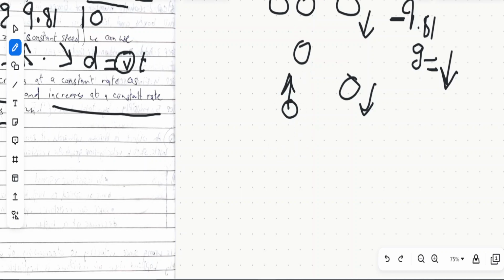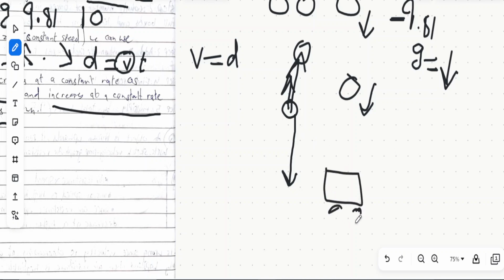The second thing is that when you're moving up, your velocity is decreasing. Why is that? Because when you're moving up, there is a force pulling you downwards. Let me explain it in a simple way. Let's say you have a car attached to a spring or a rope, and it's trying to move this way, but the rope is pulling it backwards.